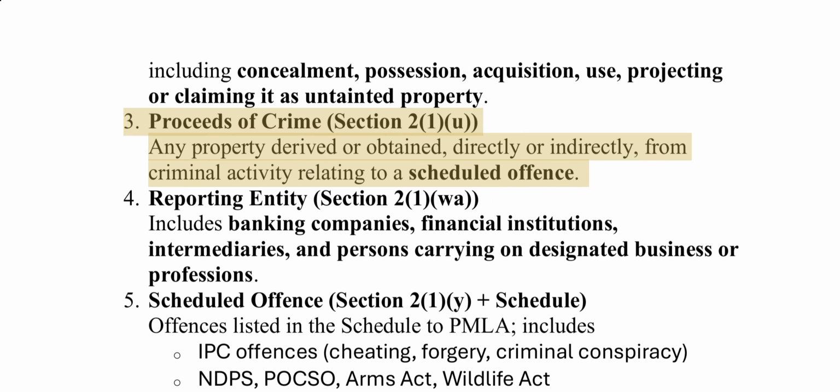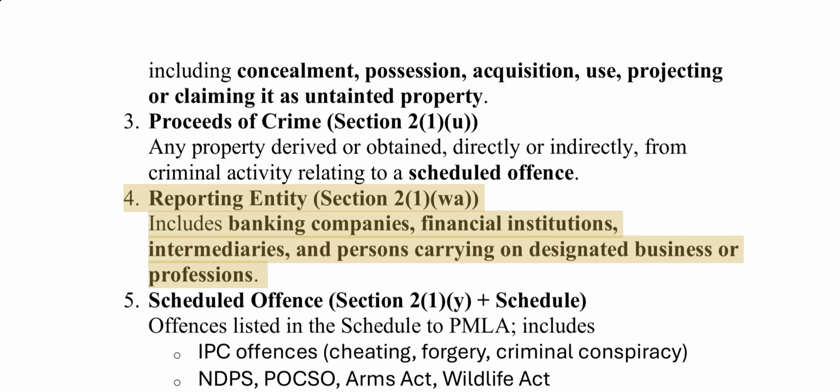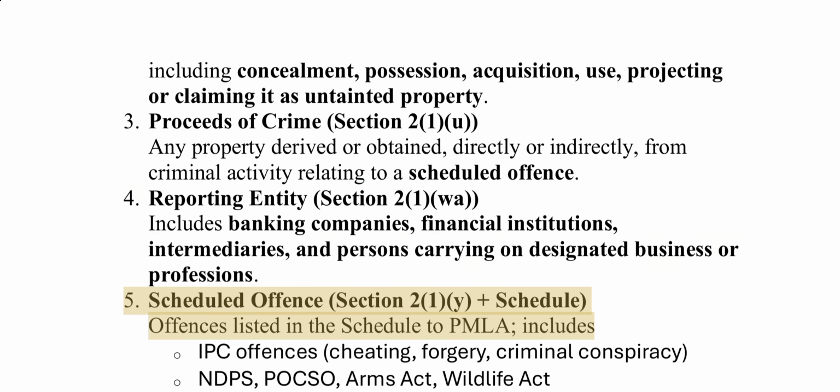3. Proceeds of crime, Section 2(1)(u): any property derived or obtained, directly or indirectly, from criminal activity relating to a scheduled offense. 4. Reporting entity, Section 2(1)(wa): includes banking companies, financial institutions, intermediaries, and persons carrying on designated business or professions. 5.